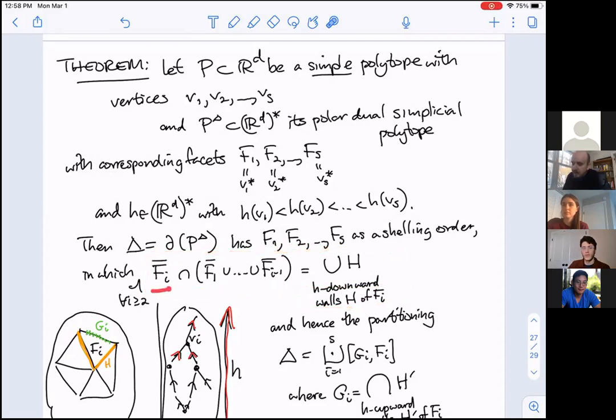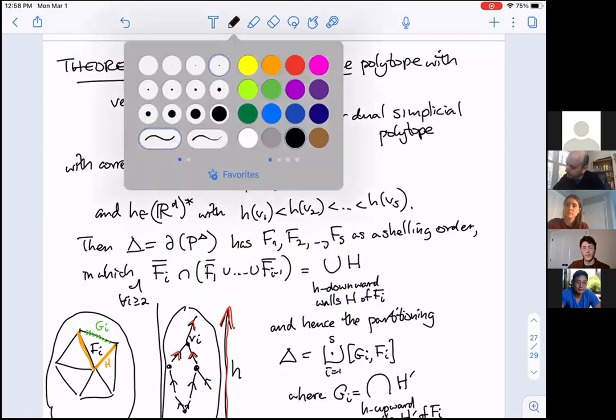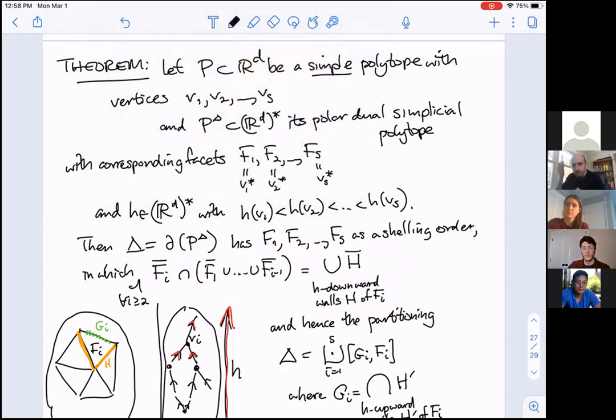If I can show you that Fi, when I add it in, intersects the previous thing in a union of its walls, or I should say the subcomplex generated by those walls, the closed walls, that shows that it's pure of codimension 1 inside of Fi.